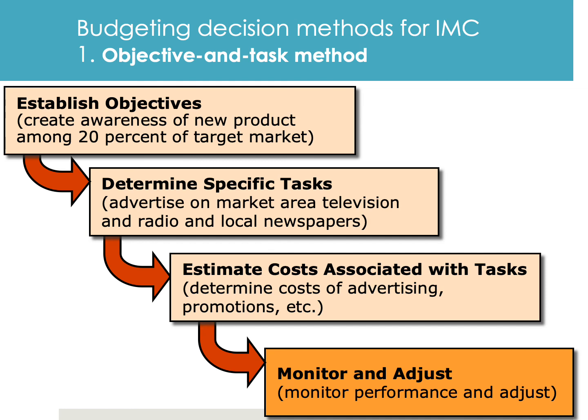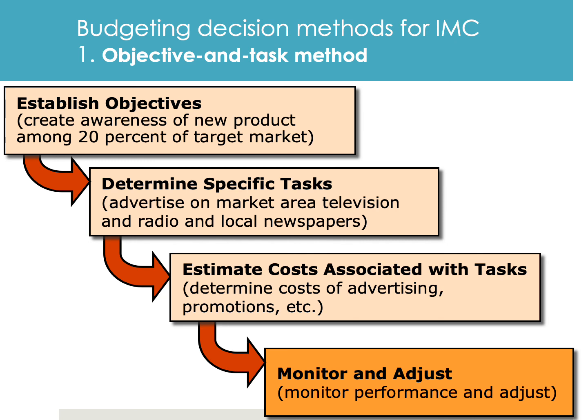This is your objective. Then you determine the specific task, what you need to do for this objective. You need to advertise in the market area, on television and radio and local newspapers. So you choose the media that is needed to establish the objective, and then you determine the cost, how much you need in order to accomplish this task.